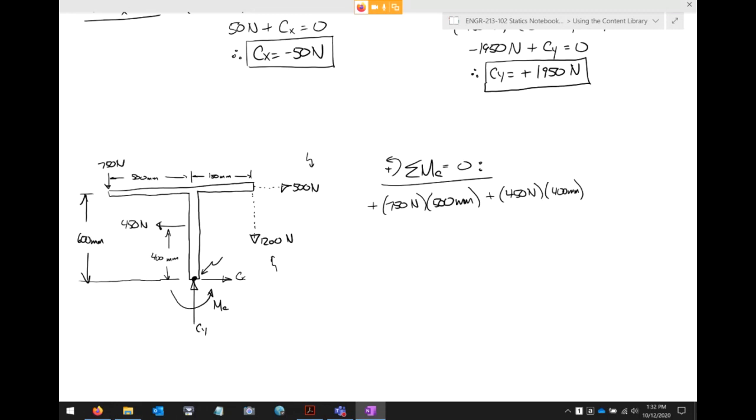Okay, and I'm running out of room here, so I'm just going to write it down here. So it's 500 times a moment arm and minus 1200 times a moment arm. What's the moment arm for the 500 newtons? There you go, 600.